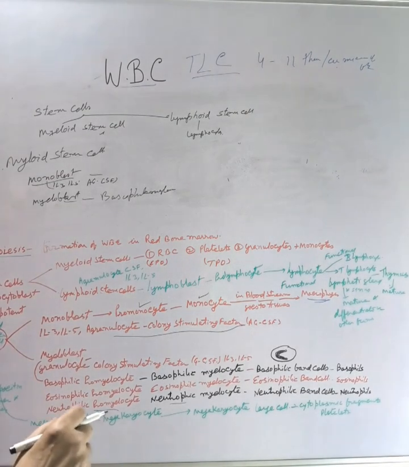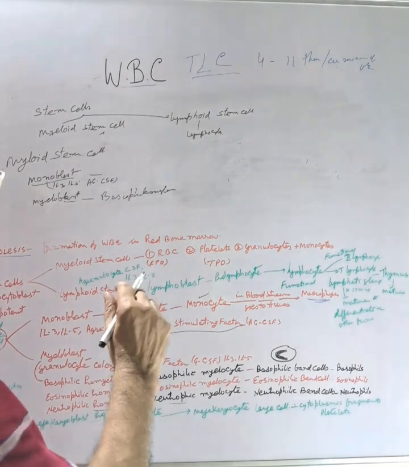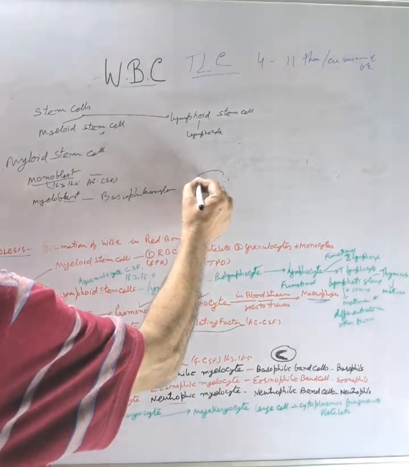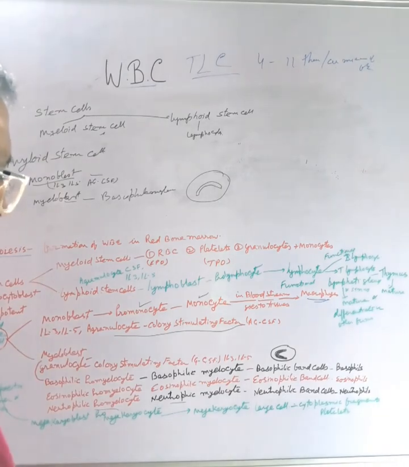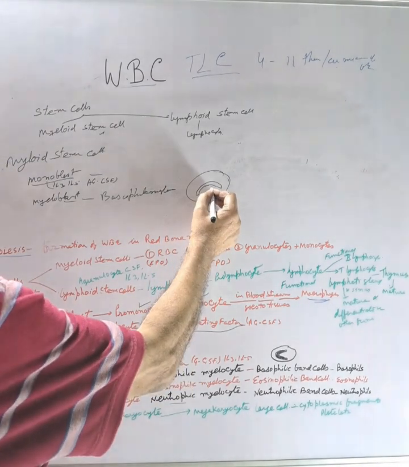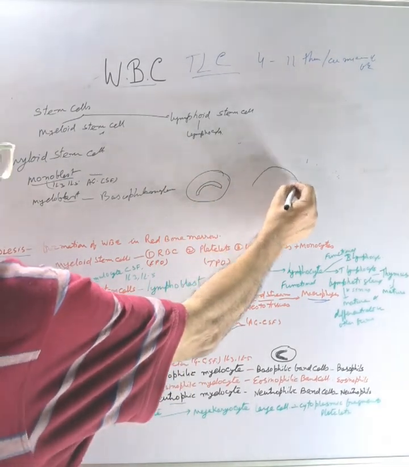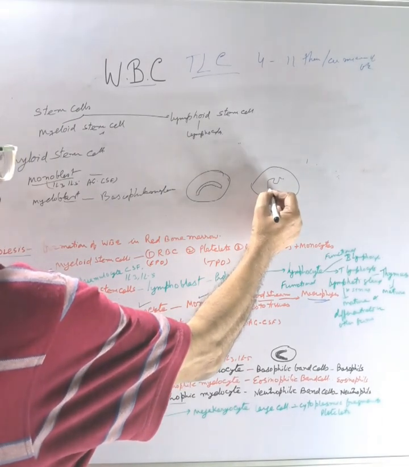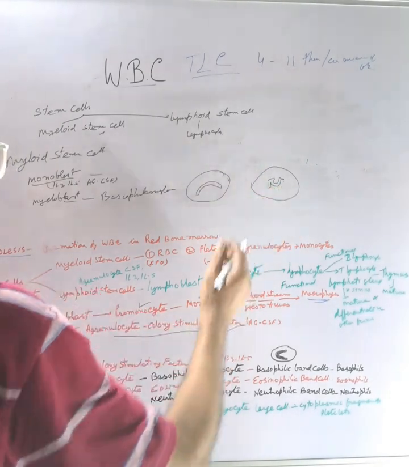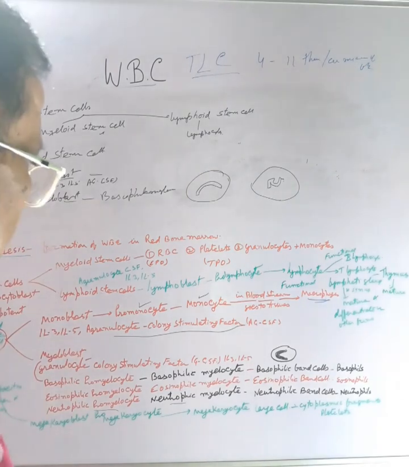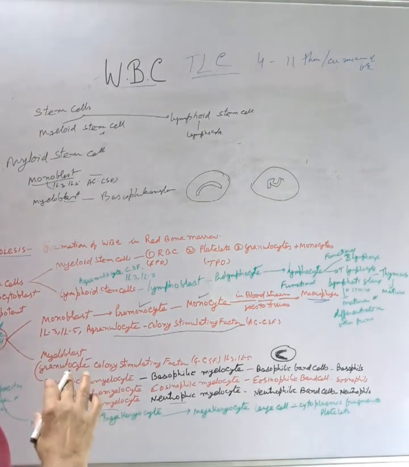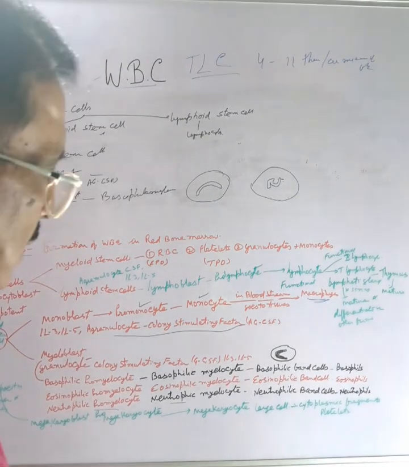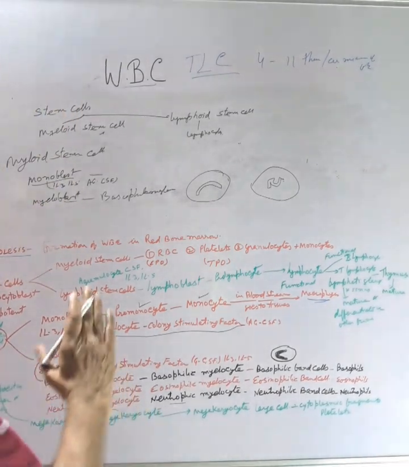In a band cell the nucleus is not lobed, it is just U-shaped. During development it folds and forms the bilobed nucleus. Then eosinophilic promyelocyte, eosinophilic myelocyte, eosinophilic band cell, and finally eosinophil.